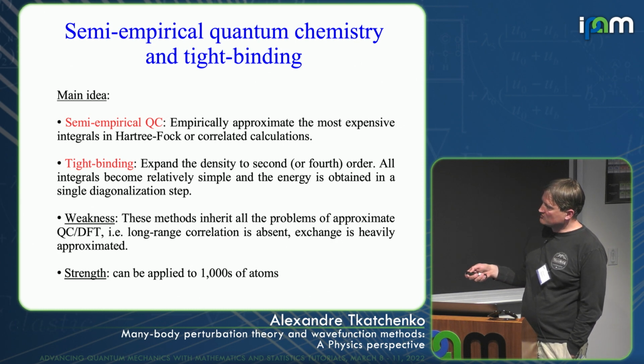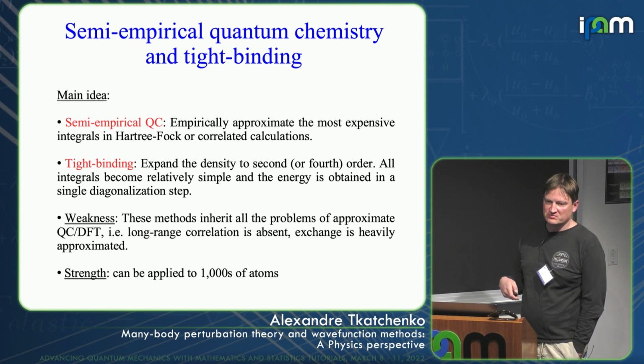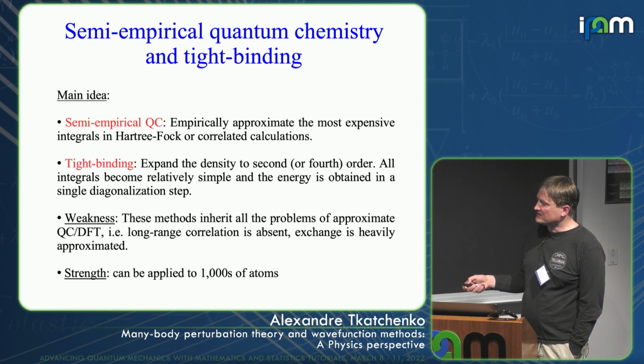The idea is that you empirically approximate the most expensive integrals in Hartree-Fock correlated calculations by introducing adjustable parameters. And then you adjust those parameters to certain parts of chemical space. In tight binding, instead, you expand the electron density to a certain order in a Taylor expansion, so you can do it second or fourth order.